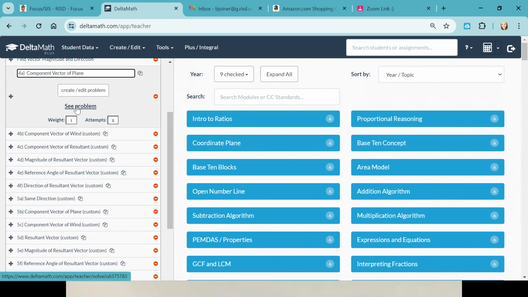Miss, why does it have 2U plus V? I don't understand. So do 2 blank plus blank. And then in the first blank, you're gonna put the U vector. You said it was 2U plus V, right? So what's the U vector? -1. Okay, plus.